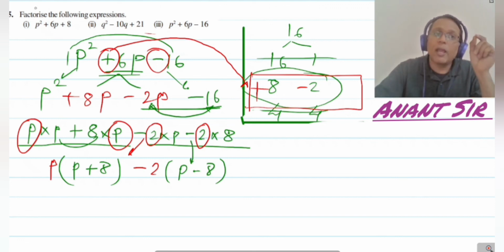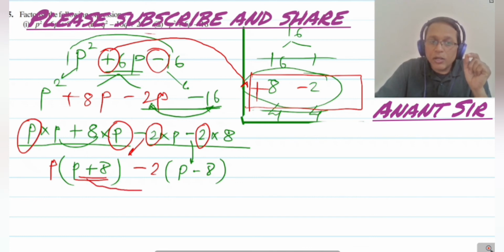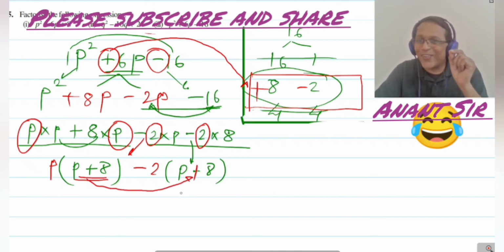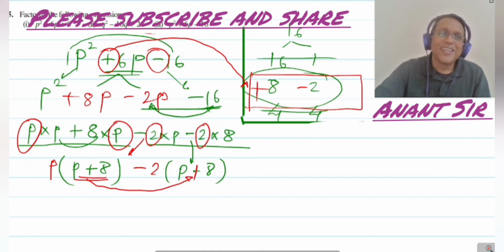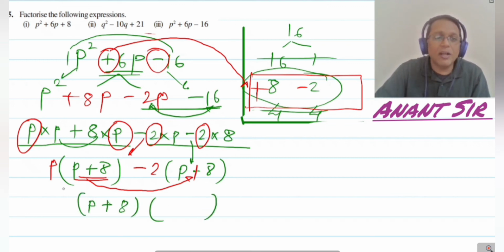But I have told you, whatever sign is there in the first term, do the magic abracadabra and give that sign there. I have also told you the reason for that. So we get the two brackets same. We write that bracket once and we write the other terms in the second bracket, that is p minus 2.